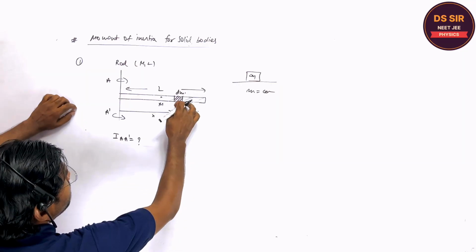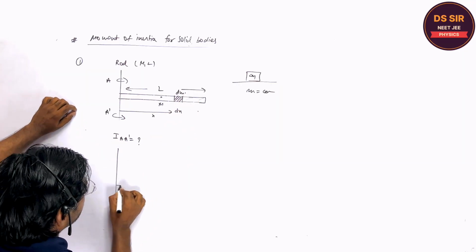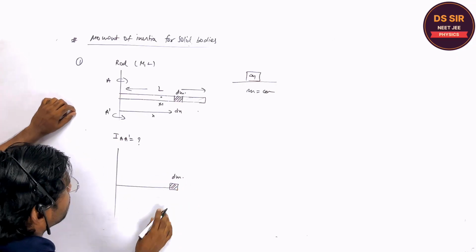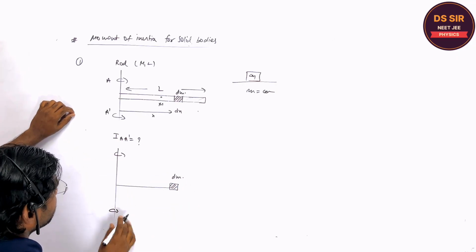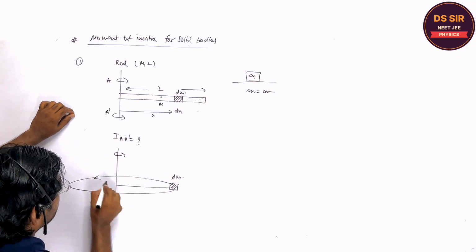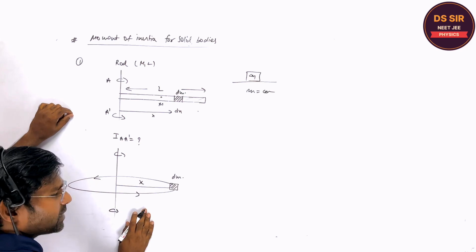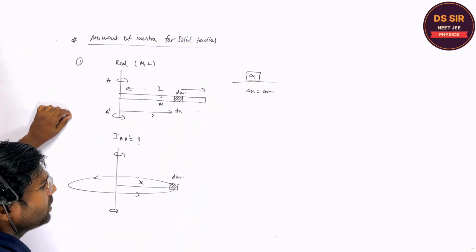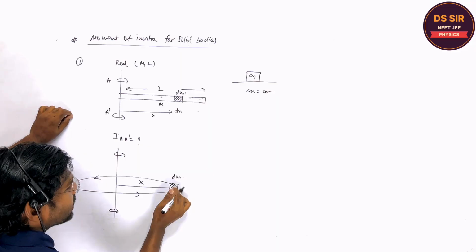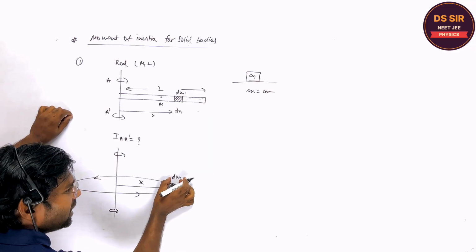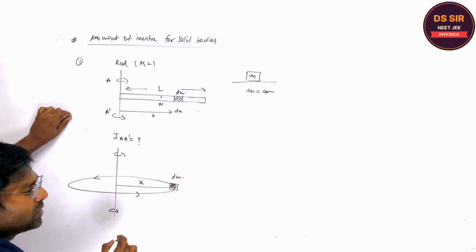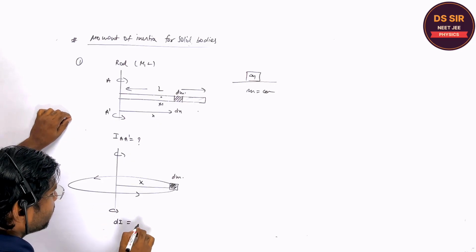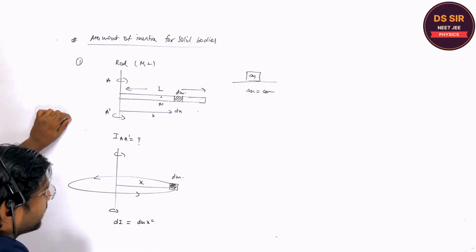So I have chosen an elemental part of mass dm, and it is rotating about the axis like this, right? So what is the distance? Say x. Even though I don't know the whole moment of inertia of the body, I can write it by assuming this elemental mass as a point mass. So for this elemental point mass, the elemental moment of inertia is dm into x square.